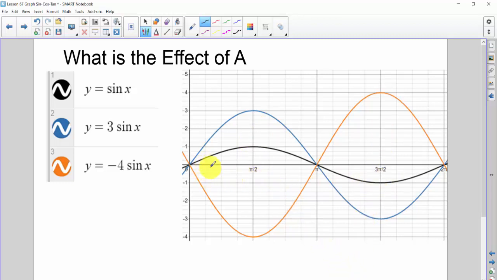And you'll notice that the only thing that's really changed is that the blue graph goes higher and the green graph goes lower. So what's happening is this number out in front acts just like the number in our previous problems. It's like a y multiplier, okay? But we call this a value the amplitude.